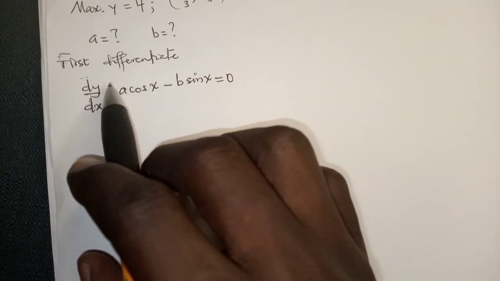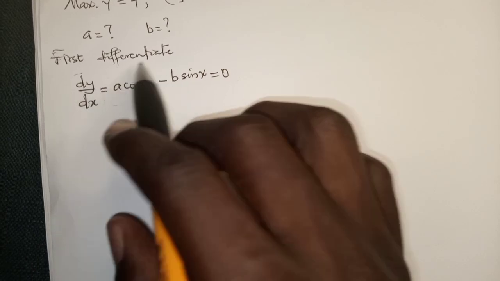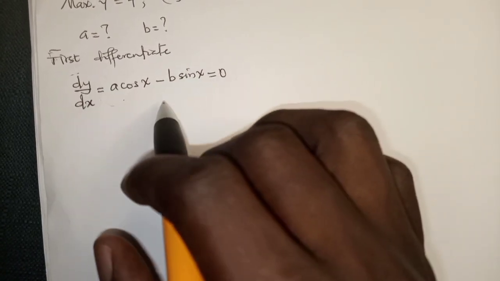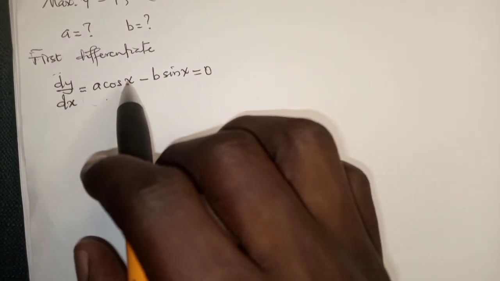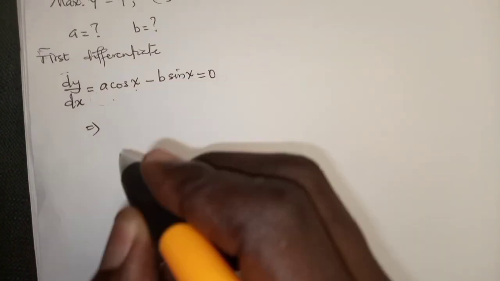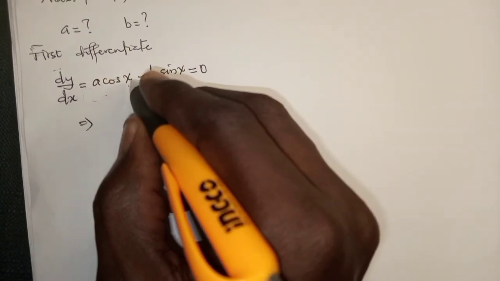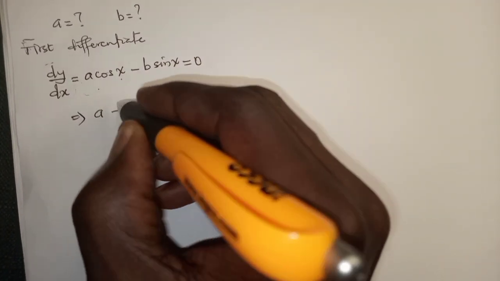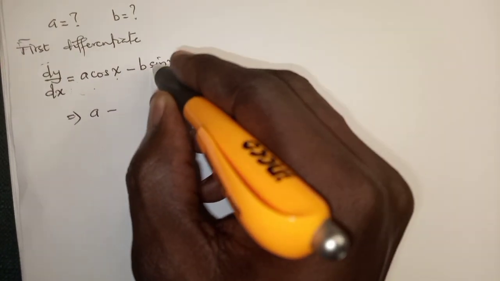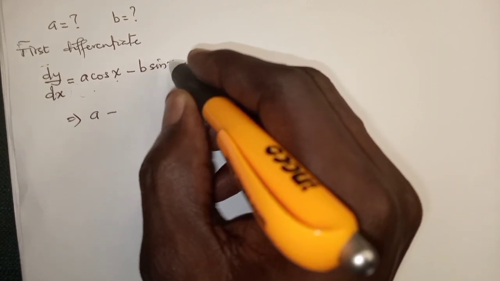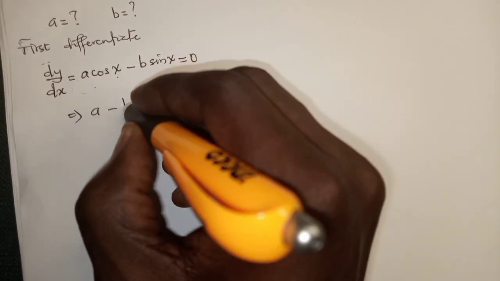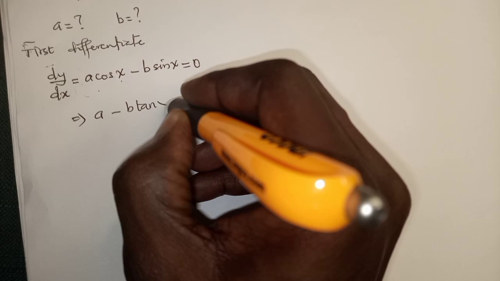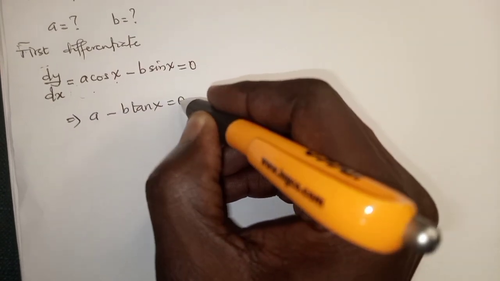We find a common trig ratio to solve this, so we divide through by cos x. Dividing this by cos x, you get a minus, and sine x divided by cos x gives us tan x. So b tan x equals 0.